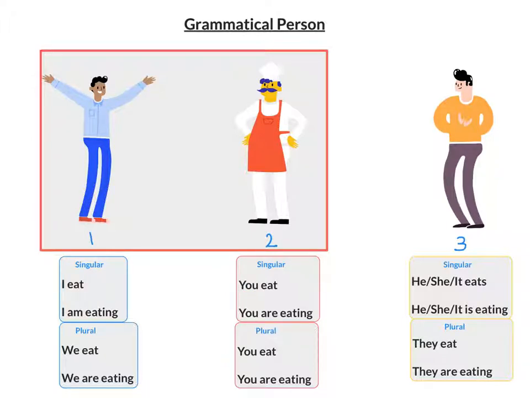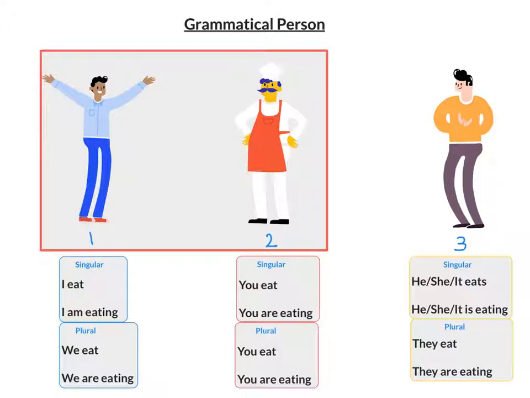The third person is somebody who is outside the conversation. So we are describing the eating that this person is doing, but the description is being done by this person to this person. So this person is outside the conversation. And then what would this person say? He would say something like he eats, or he is eating, or they eat, they are eating if it's in plural.